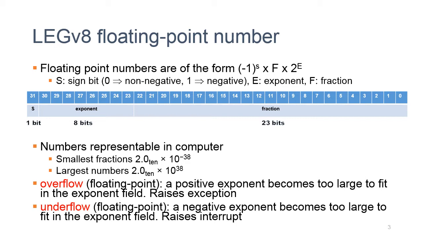Exponent is the value of the 8-bit exponent field, including the sign of the exponent. And fraction is the 32-bit number. As we already saw in chapter 2, this representation is also called sign and magnitude representation of binary numbers, since the sign is a separate bit from the rest of the number.